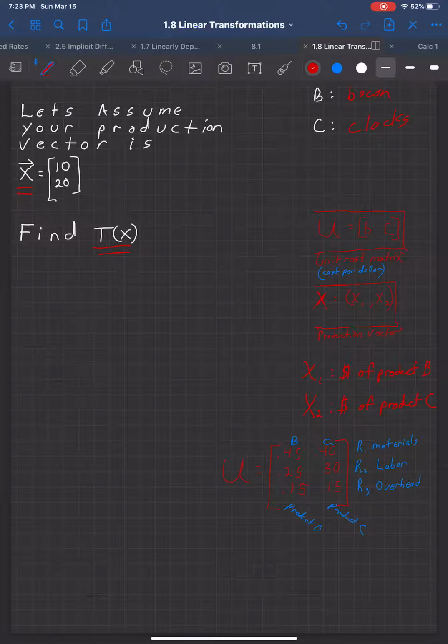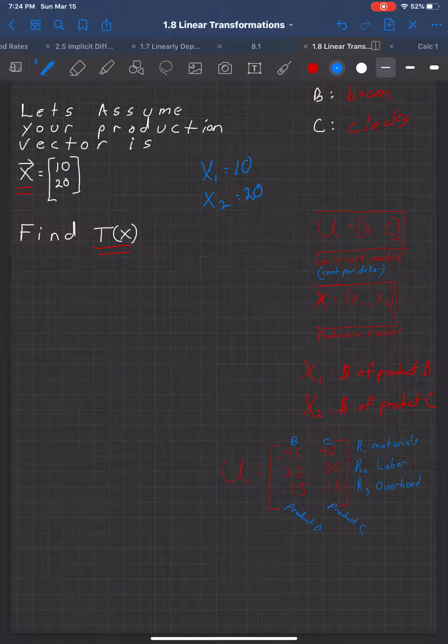Hey, let me ask you a question. How much money are you spending in production of your bacon and clocks? Do you know? Are you awake right now? Well, x sub 1, we have a 10. X sub 2, we have a 20.